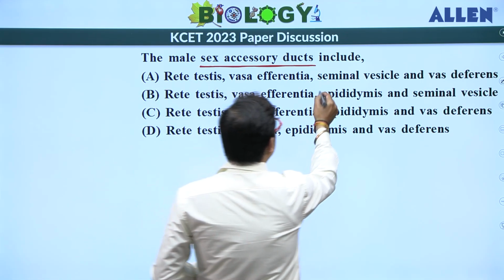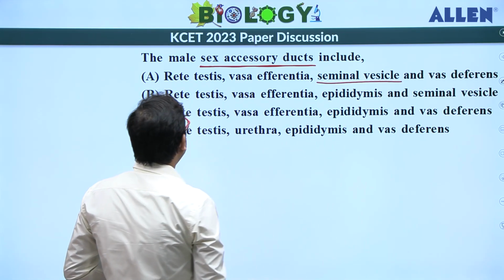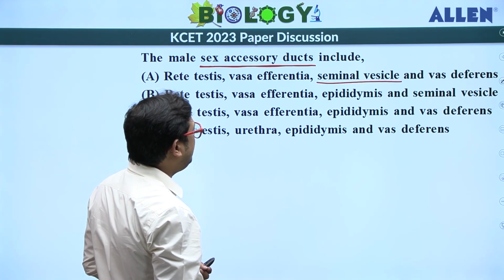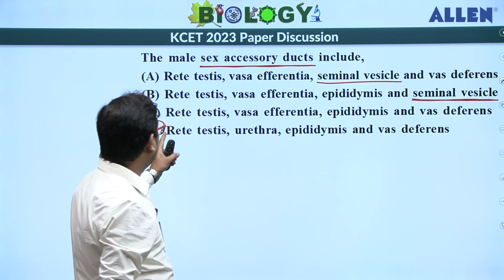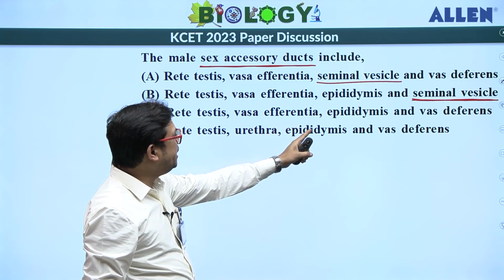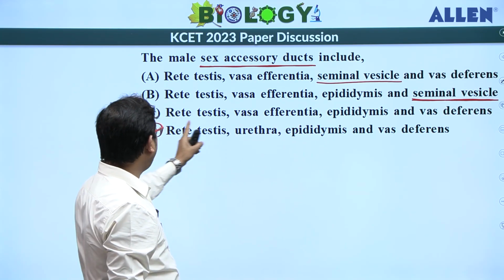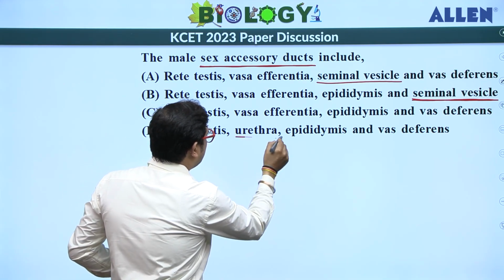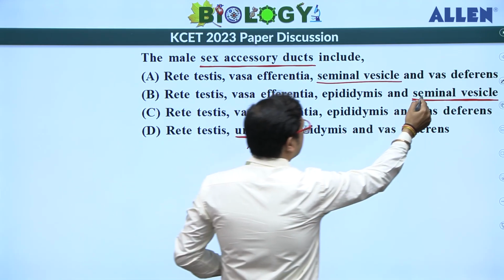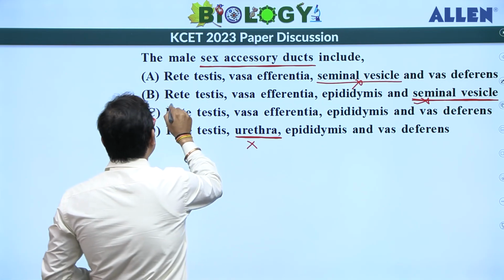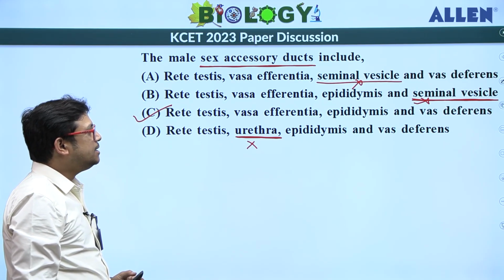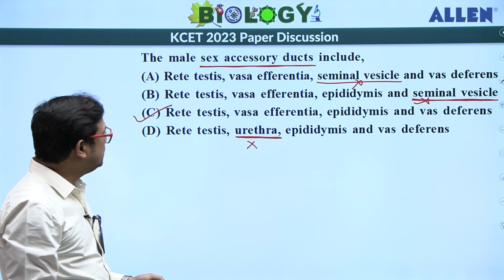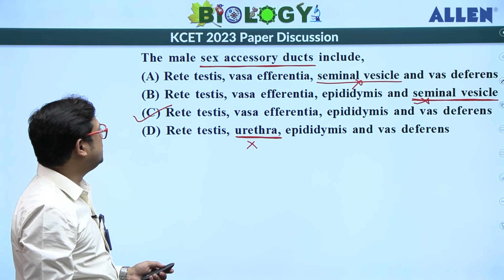Seminal vesicle is not a duct, and urethra is not. So answer is C: rete testis, vasa efferentia, epididymis and vas deferens. They are the male accessory ducts.